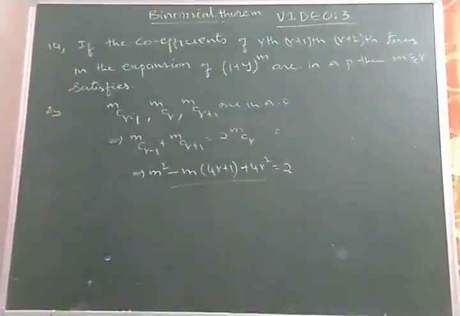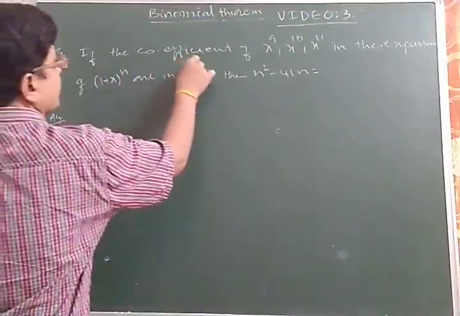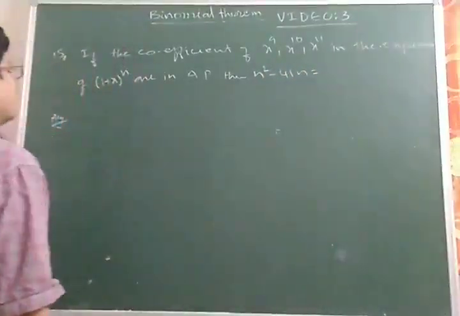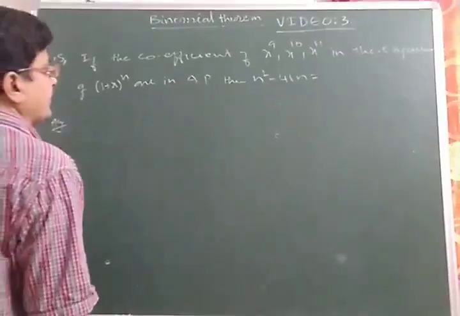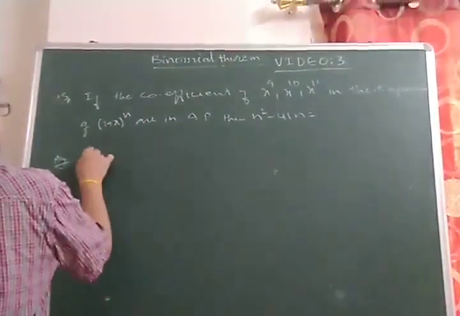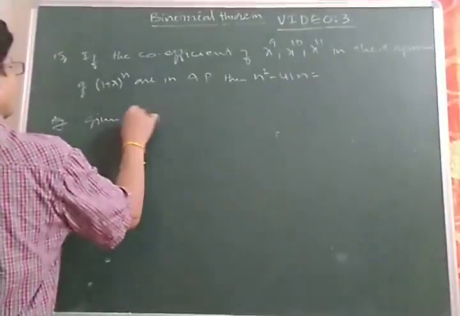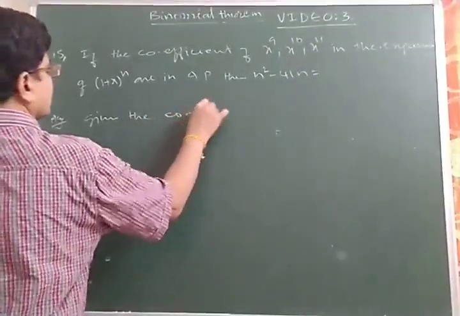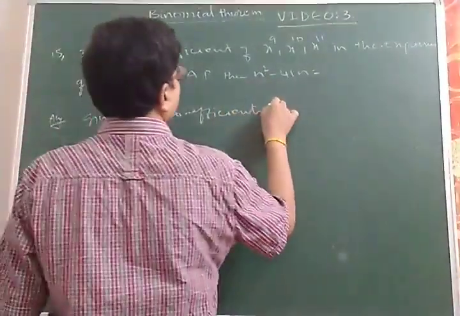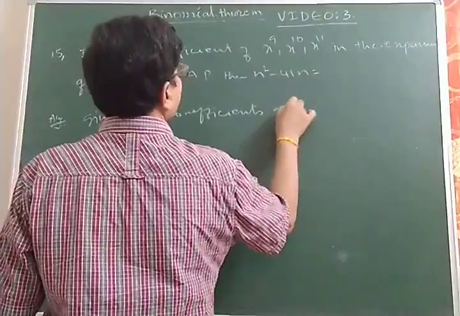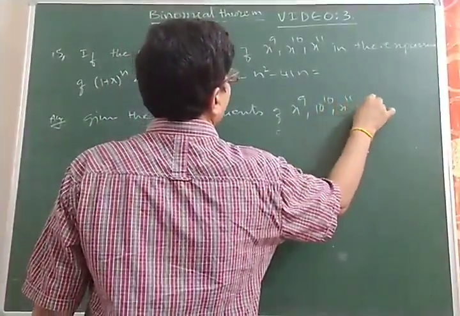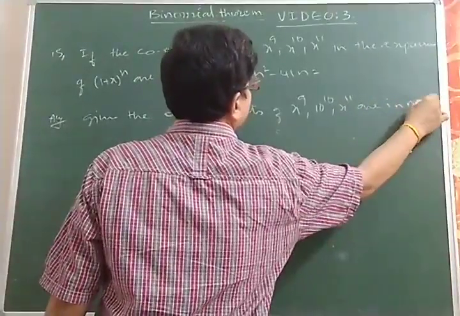Question number 15. If the coefficients of x^9, x^10, x^11 in the expansion of (1 + x)^n are in AP, then n² − 41n is given. The coefficients of x^9, x^10, x^11 are in AP.